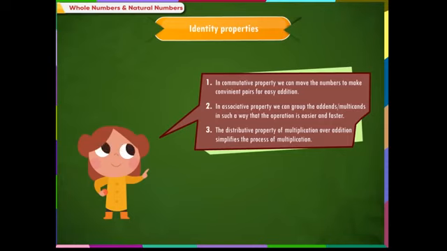Remember, 1. In commutative property, we can move the numbers to make convenient pairs for easy addition. 2. In associative property, we can group the addends or multiplicants in such a way that the operation is easier and faster. 3. The distributive property of multiplication over addition simplifies the process of multiplication.